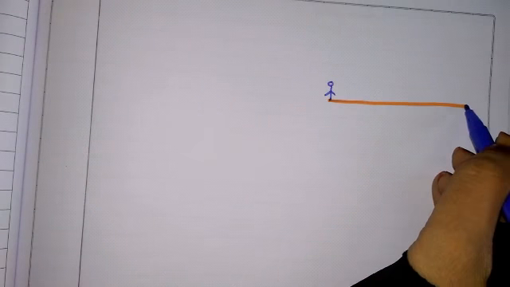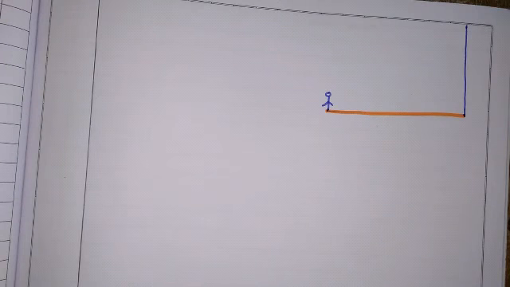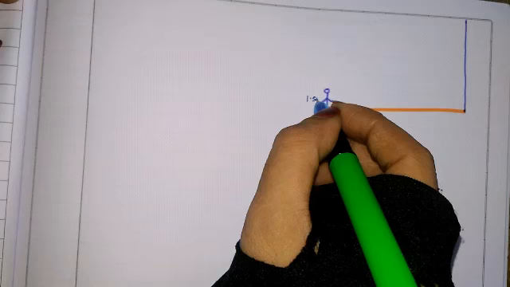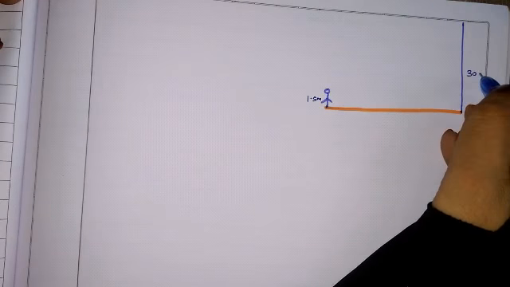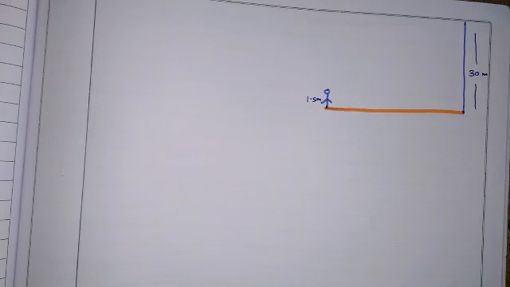And opposite is the building, a 30 meter tall building. Okay, this is the 1.5 meter tall boy, and this is the 30 meter tall building.